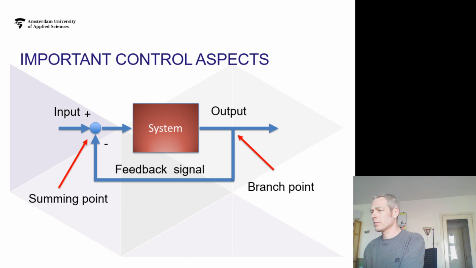Now, in a functional diagram, we have a couple of elements that are important. We have our input and our output, of course, and the system. If we split a signal like is done at the output, we call it a branch point, and when two signals come together, it will be a summing point.